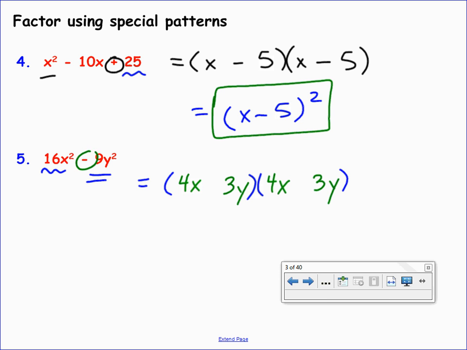In order to have a negative last term in the original, must I have same signs or different? Well, they must be different, and that's great news because now my outer product, when multiplied out, negative 12xy, when combined with my inner product, positive 12xy, will sum to 0 and there won't be a middle term. So our original binomial, we could call that a difference of perfect squares, and the result then is same entries but opposite operation. Awesome.